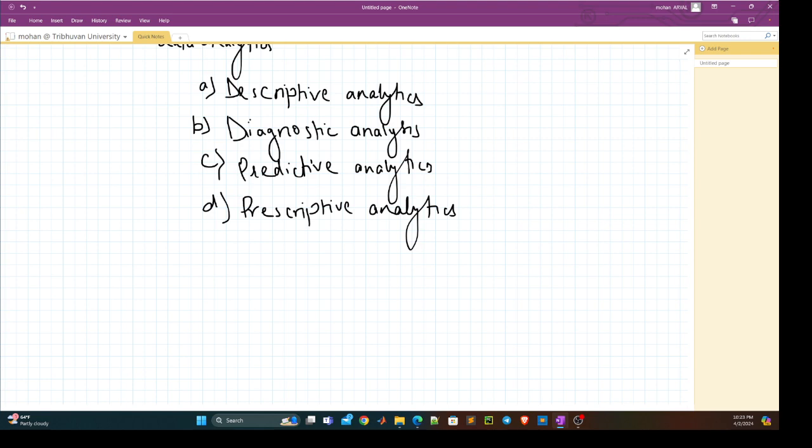It is a structured business tool, and descriptive and diagnostic always go in parallel. So diagnostic analytics includes techniques such as data discovery, data mining, and correlations.